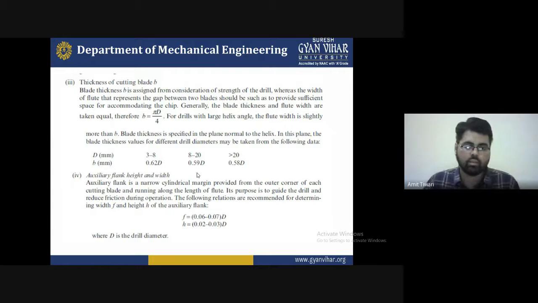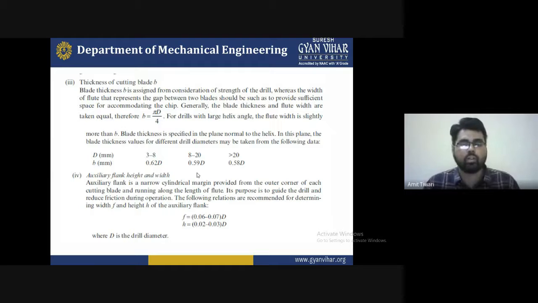Now the fourth one, that is the auxiliary flank height and width. The auxiliary flank is a narrow cylindrical land provided from the outer corner of each cutting blade and running along the length of the flute. Its purpose is to guide the drill and reduce the friction during the operation.